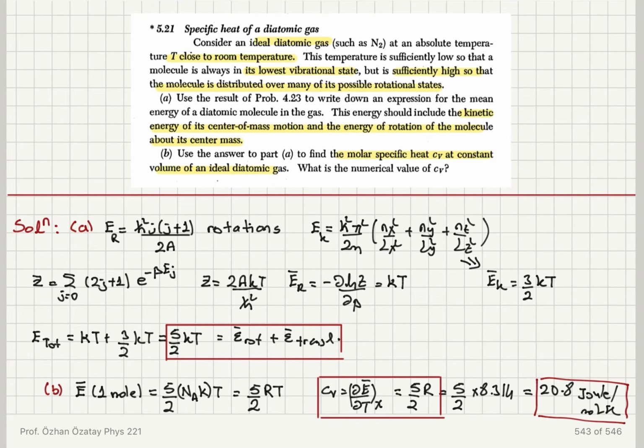We have rotations plus translations, 5/2 kT per molecule. For 1 mole, we have 5/2 N_A kT, which is 5/2 RT, because the universal gas constant R is N_A times k. The molar specific heat is just the derivative with respect to temperature, which is 5/2 R. The numerical value for R is 8.314, so if we substitute this, we obtain 20.8 joules per mole Kelvin for the molar specific heat of the diatomic gas.